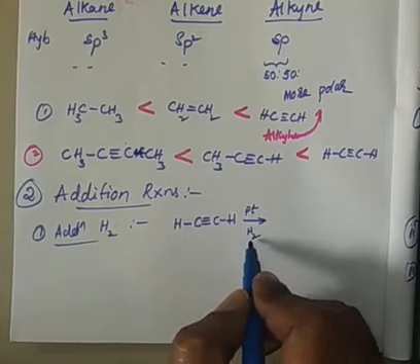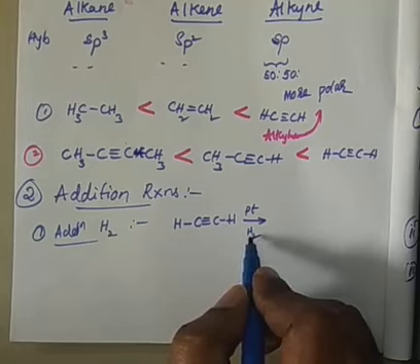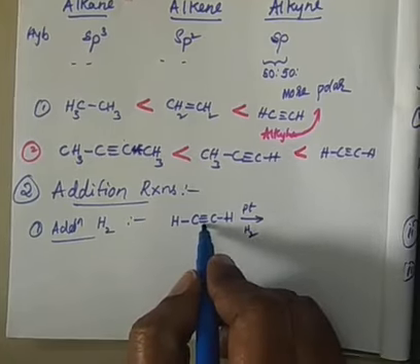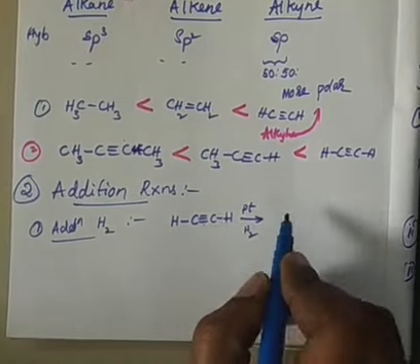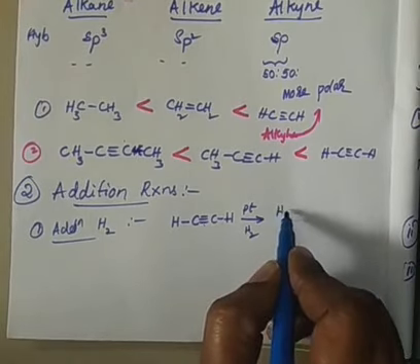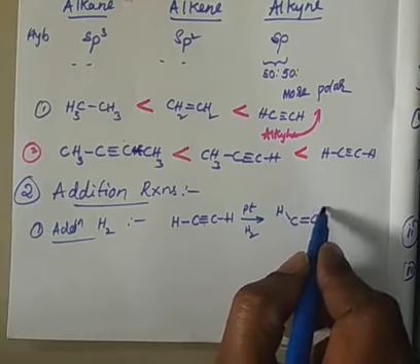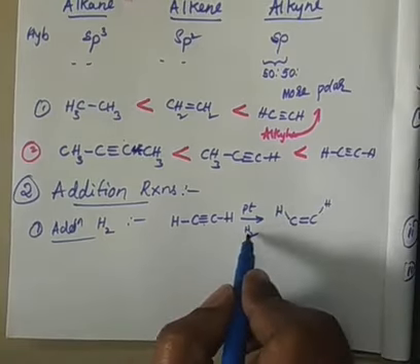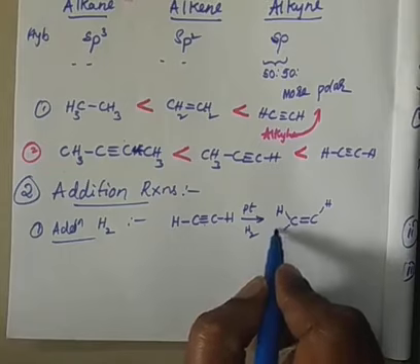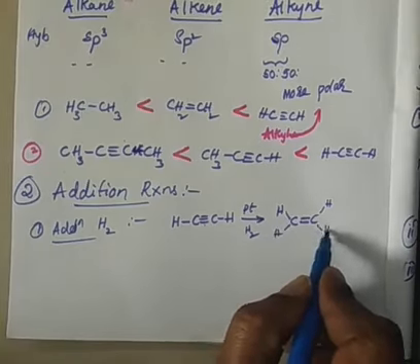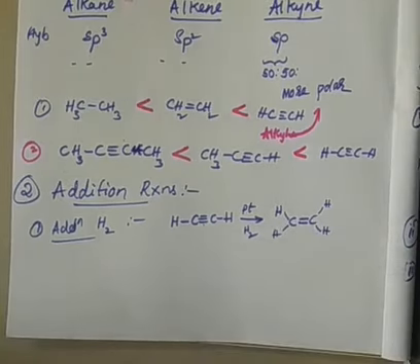What happens? I am taking one molecule of H2 gas. So this has to remove one bond, because I said carbon should have 4 bonds. Therefore, one hydrogen is already there, one bond is removed and one hydrogen is going to be there, and now 2 hydrogens will be added to the 2 carbons to become an alkene, right?